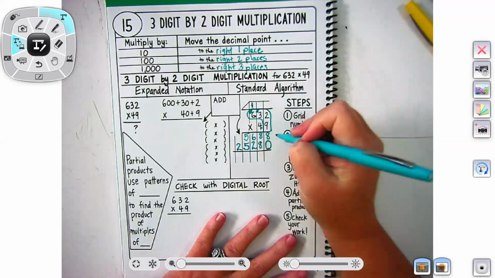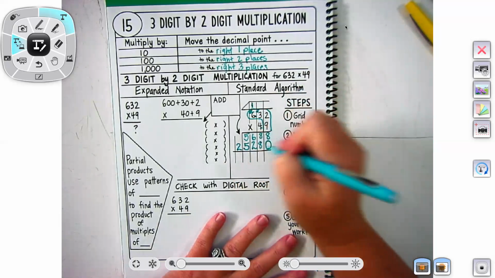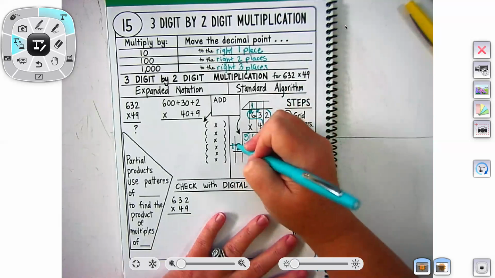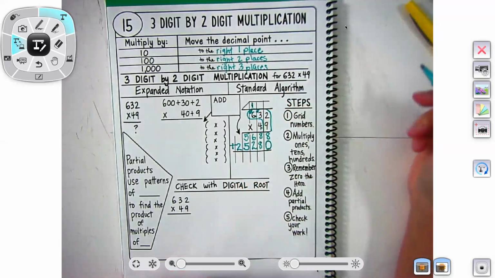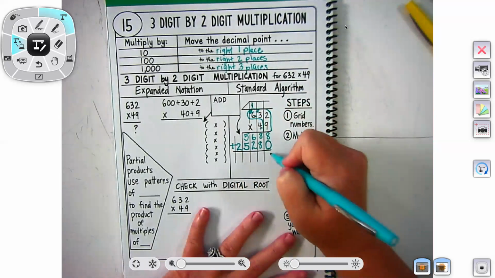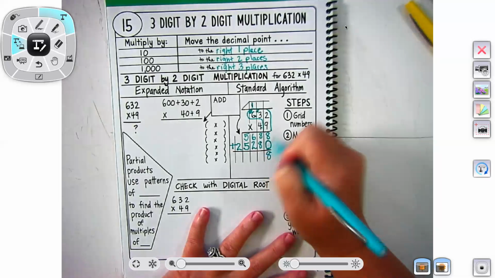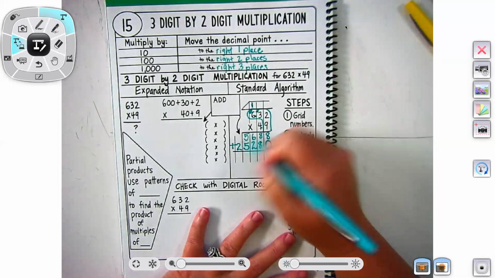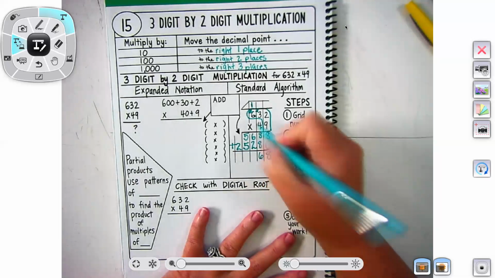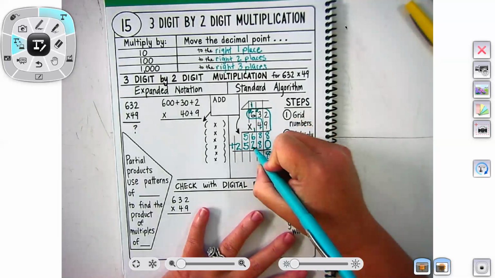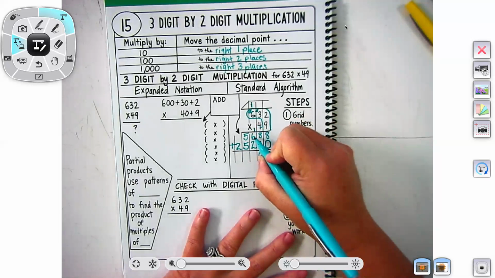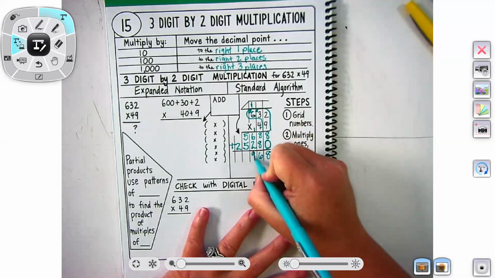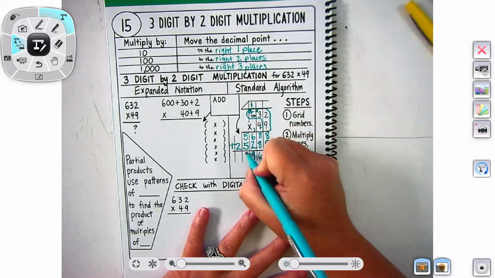Then I have to add my ones row and my tens row together to get my answer. Okay. So then 8 plus 0 is 8. 8 plus 8 is 16. Carry my 1. 2 and 6 is 8, and 1 more is 9. 5 and 5 is 10.